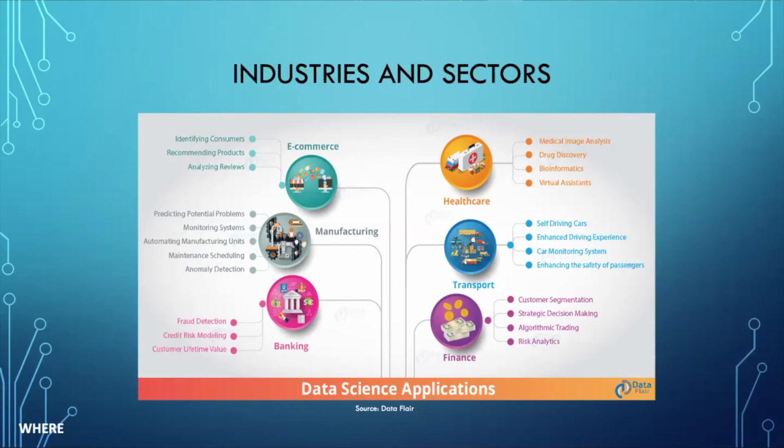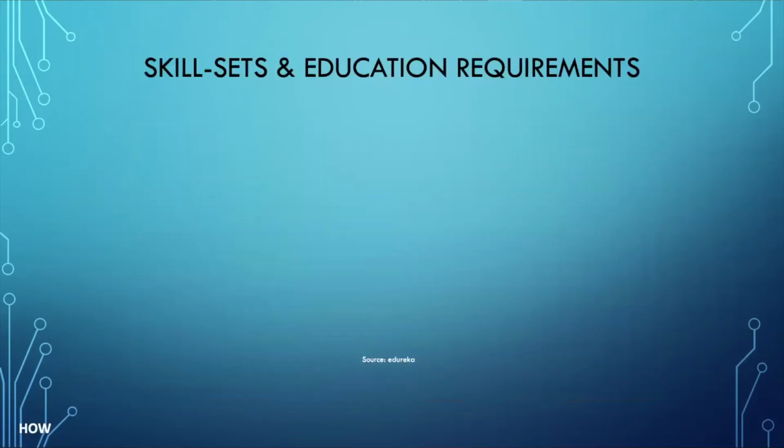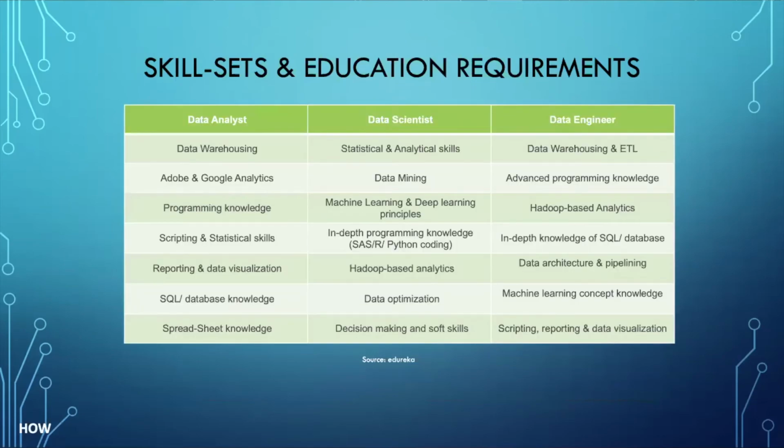In a nutshell, analytics is everywhere and is the future. The sooner you embrace it, the better it is for your career. So, what kind of skill set and education do you need to become a data analyst? You can see the details from the chart.